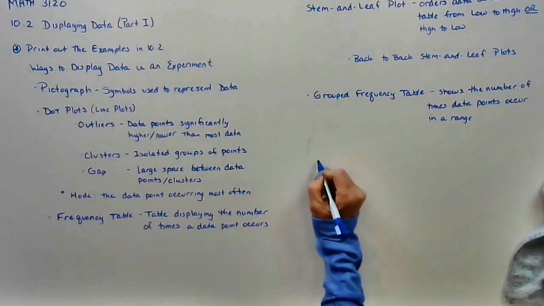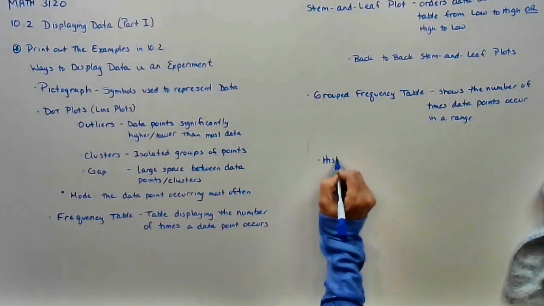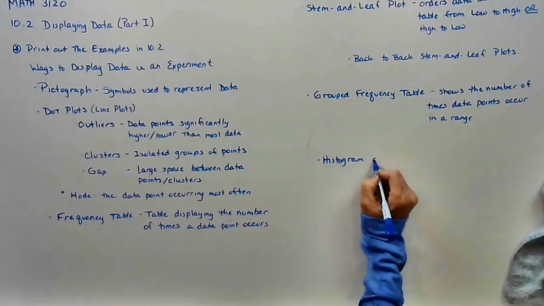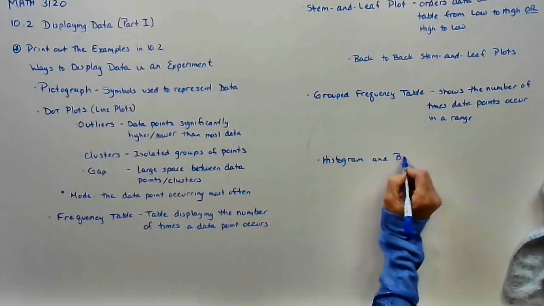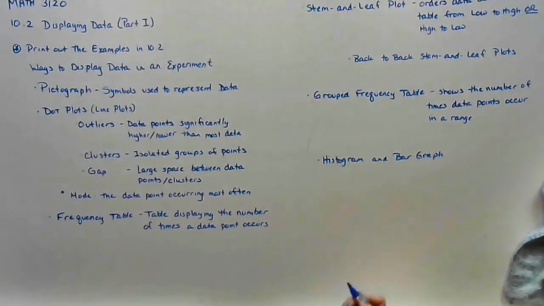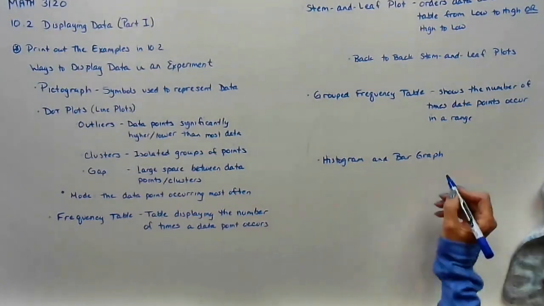Okay. Then we have a histogram and bar graph. And sometimes you can have a double bar graph. But histograms are created from a frequency table.